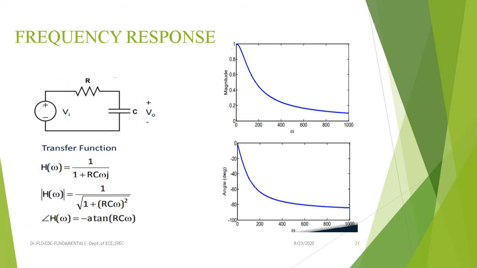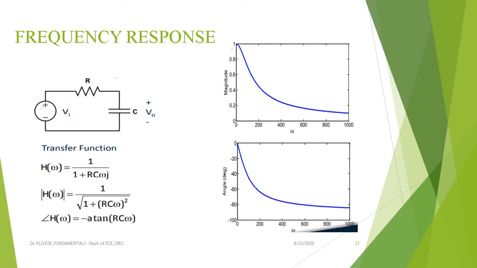Coming to the angle of the transfer function, the angle of H(omega) equals minus tan inverse of the imaginary part by the real part, that is, minus tan inverse of omega RC by 1. We can also write this as minus arc tan, which is tan inverse.